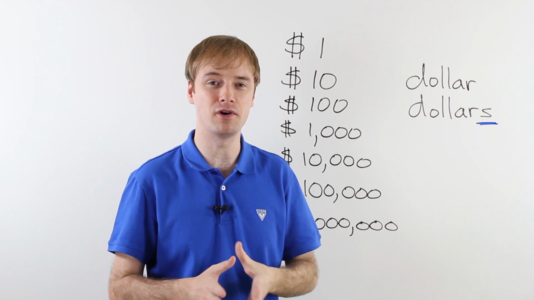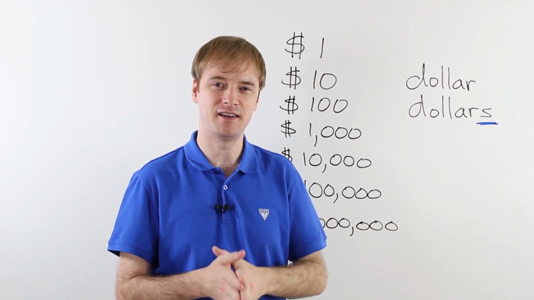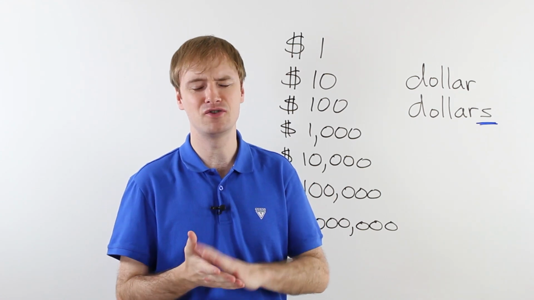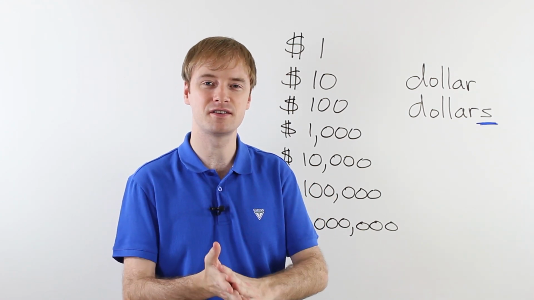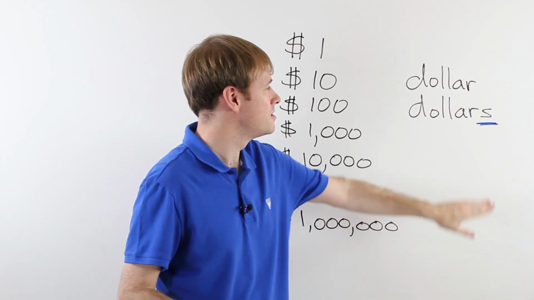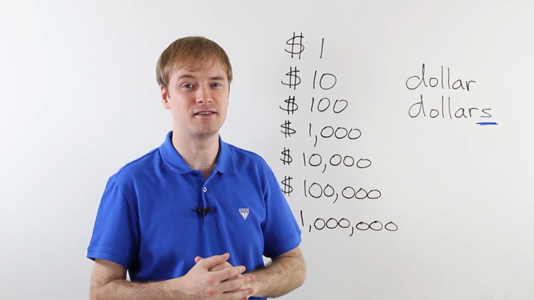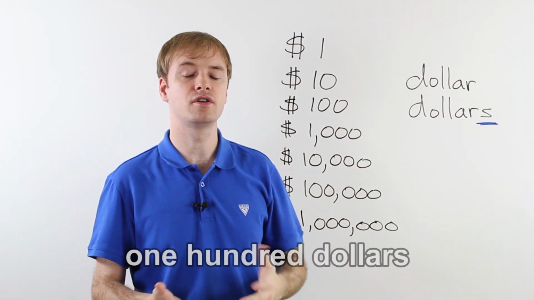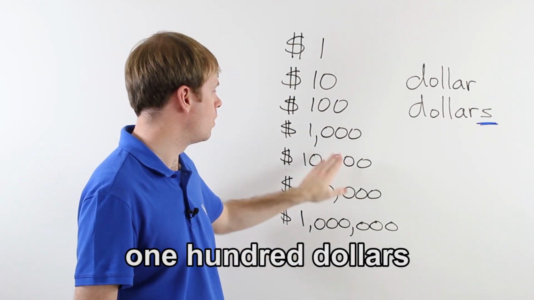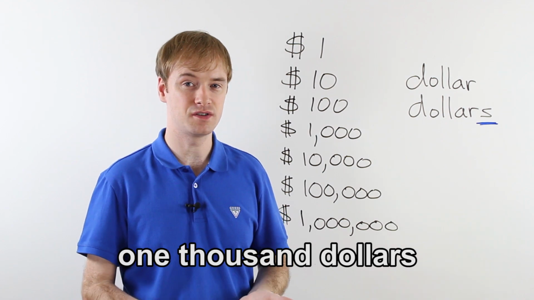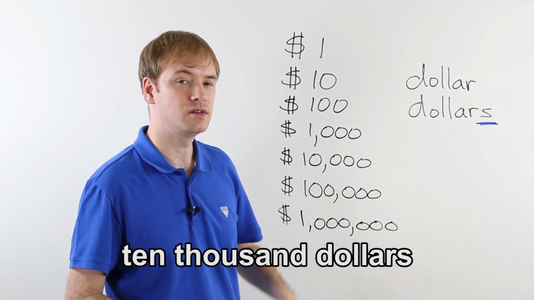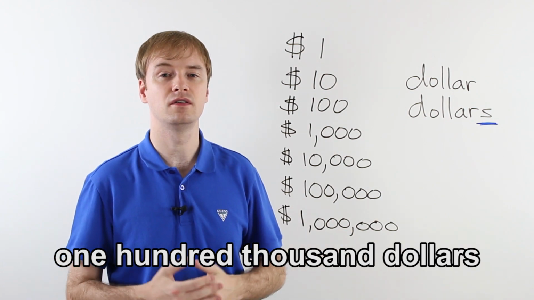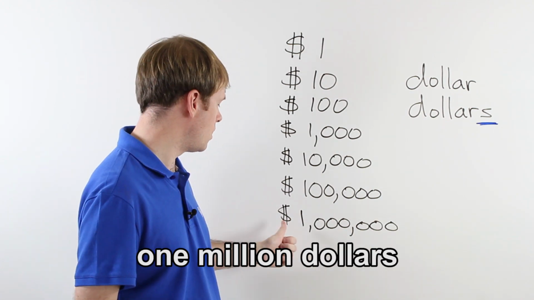It's so important. All right, never say "ten dollar." Okay, that sounds very strange and stupid. It's $10. Make sure you have that S. So $10, $100, $1,000, $10,000, $100,000, $1 million.